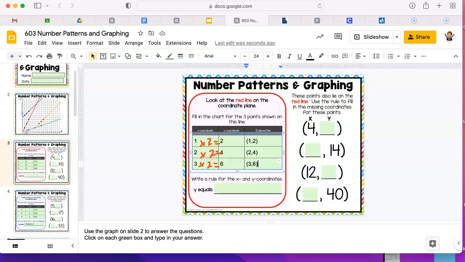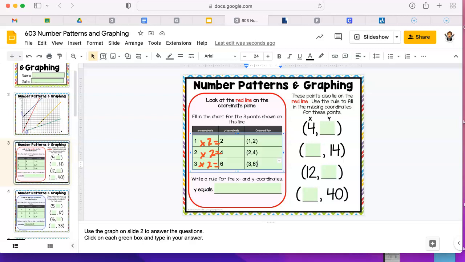And your answer is going to be y, which are these. Y equals x. These are your x's: 1, 2, and 3 are your x coordinates, right? Right. Y equals x times 2.